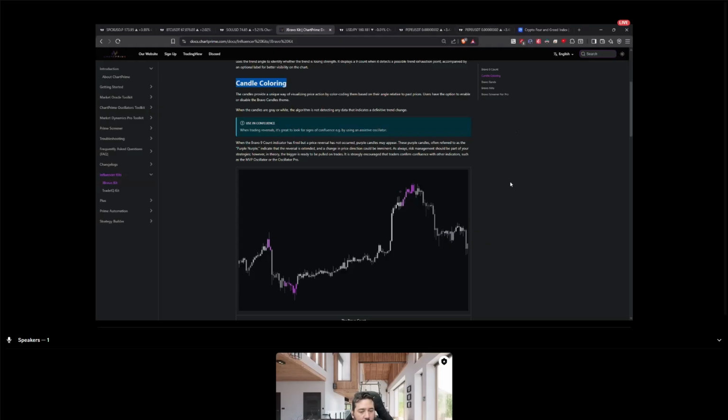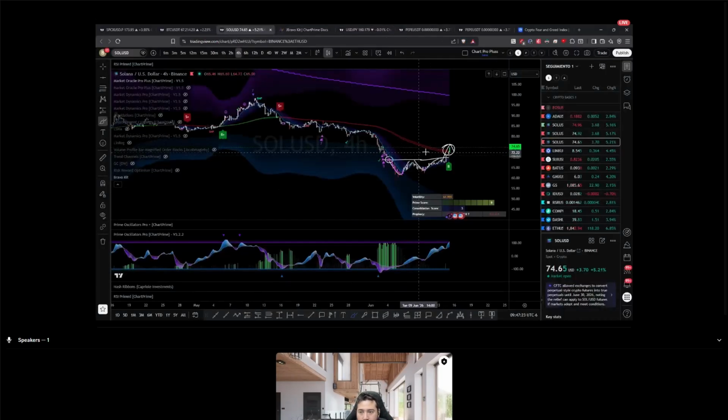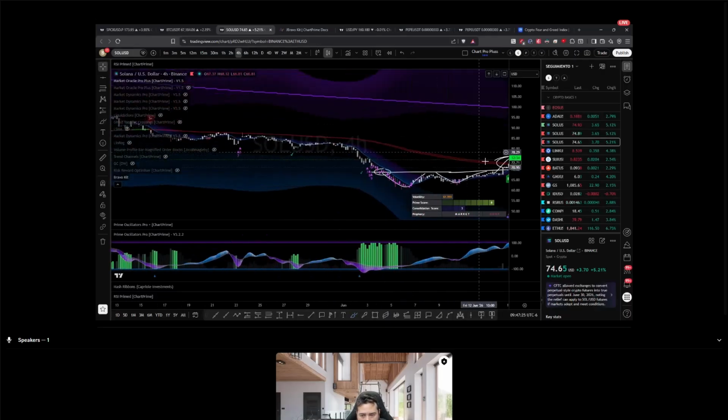You will not always have the 9 count because the 9 count is based on a candle pattern. If you don't have the candle pattern, but you have maybe the volatility on the candles, you get the candle color.